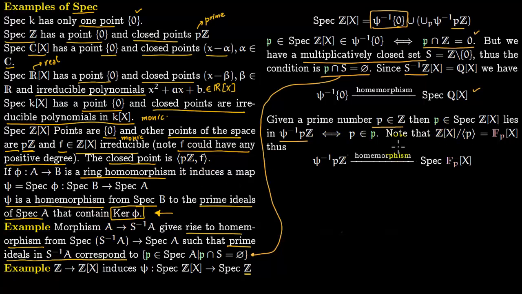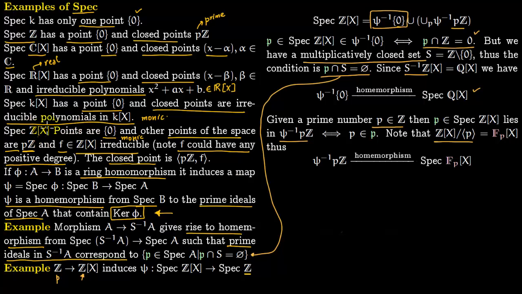But on the other hand, we are saying that there is a homeomorphism from Spec of p if Spec A contains the kernel of phi, so it has to contain the kernel. So this p is getting mapped to some kernel here. For it to get mapped to the kernel, you have to have this map of the form Z[x] over p. Only then would this p lie in the kernel. So notice we are using two things here.